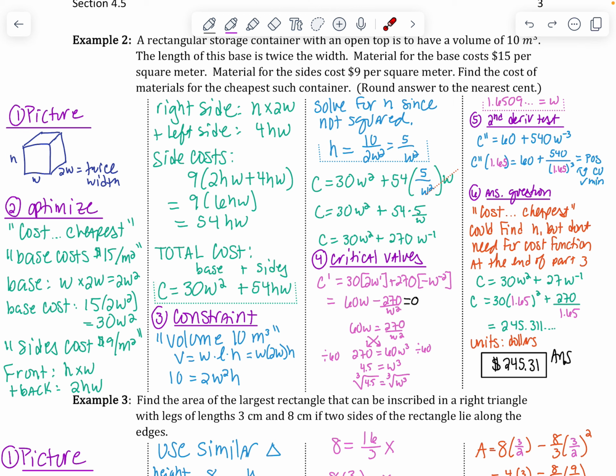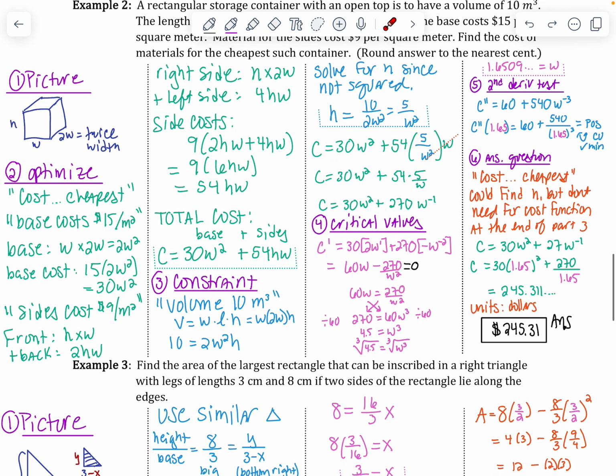So I can go back to the function I need to take a derivative of, and where the H was, I can put 5 over W squared, which will allow me to simplify one of my W's. And I know I'm going to take a derivative in a minute, so I went ahead and moved the W to the numerator by using a negative exponent and multiplying 5 and 54.